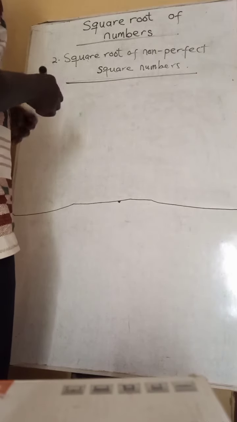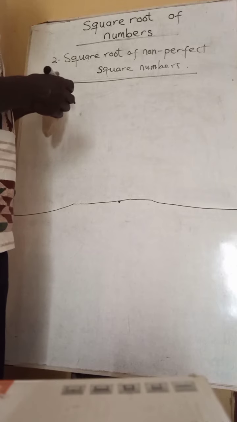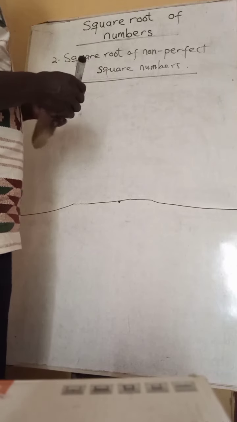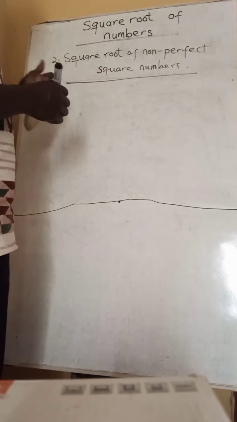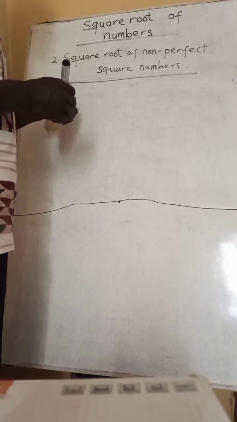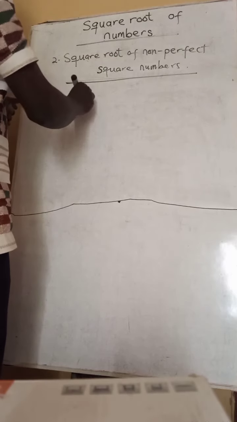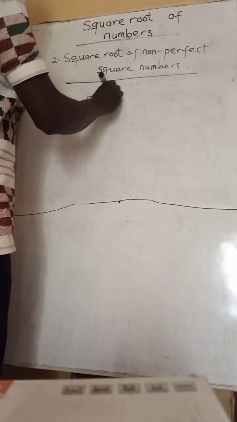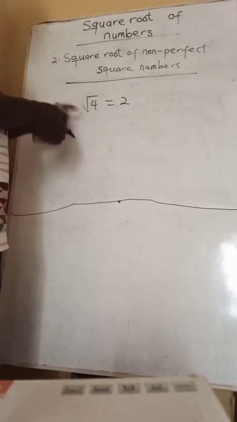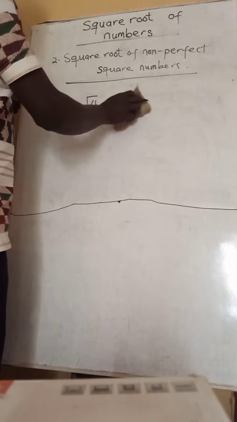So we are going to give a few examples in this episode of what non-perfect square root numbers are. In fact, just as I told you on this channel, we treated the square root of perfect square numbers, where we knew that the square root of, for instance, 4 is 2, and we knew why. So you can follow those videos up there and watch them.